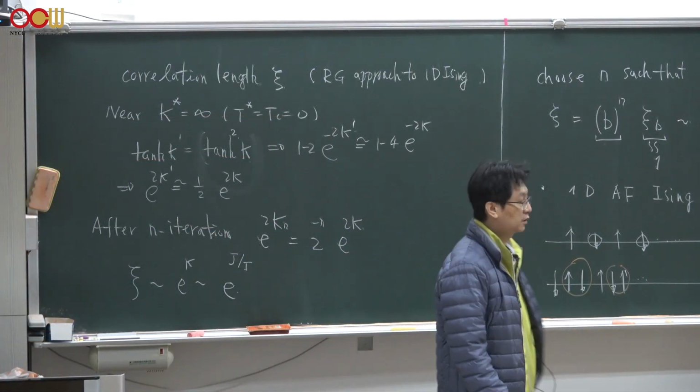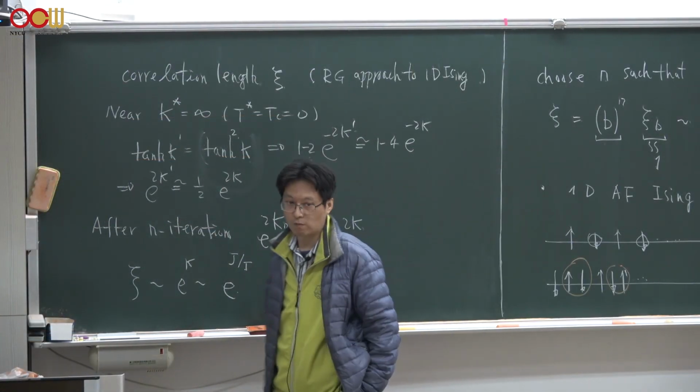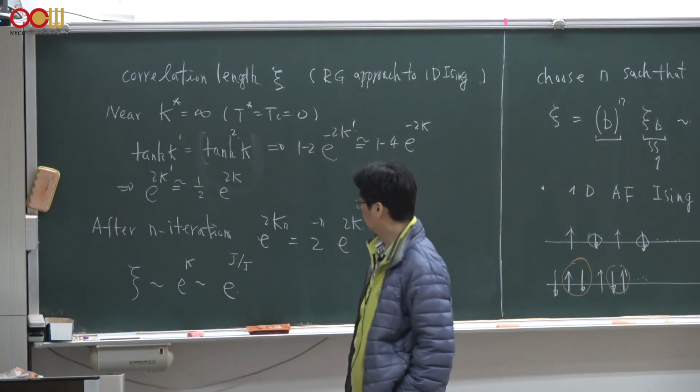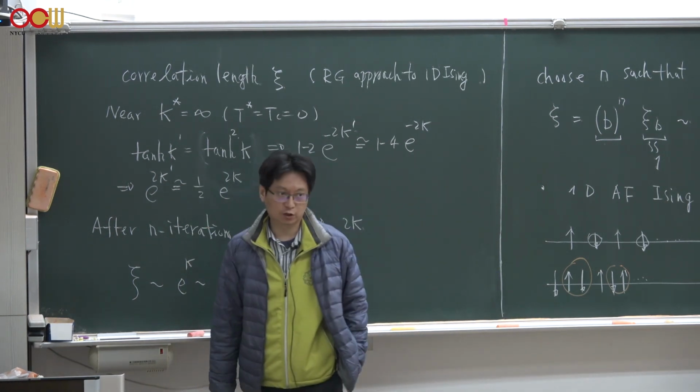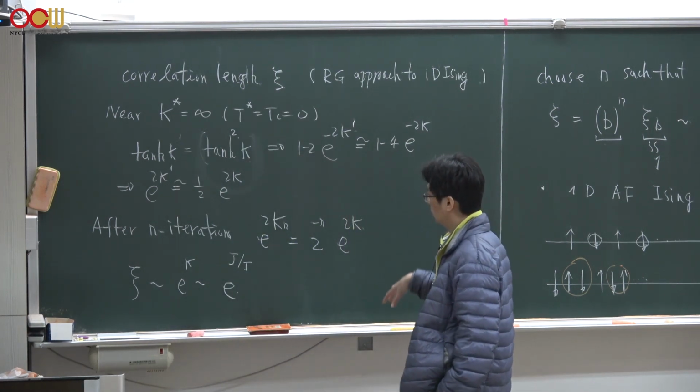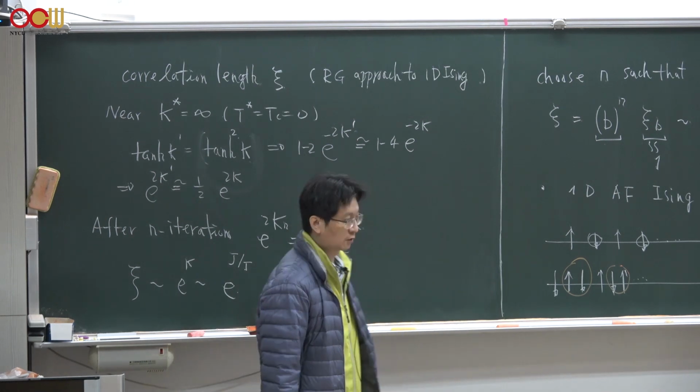So let's quickly go through the calculations of a one-dimensional Ising model. Once we know the fixed point value is K star being infinity, the zero temperature limit, we are able to calculate the correlation length near this fixed point.